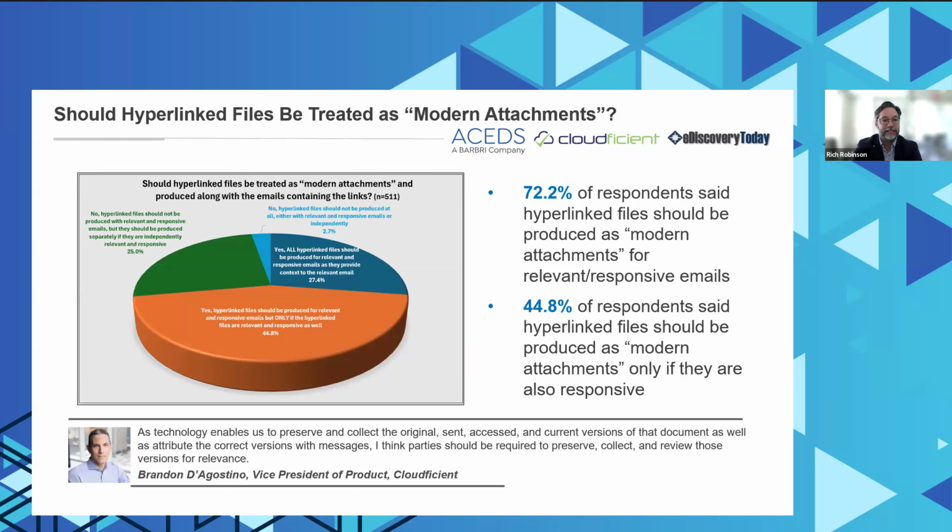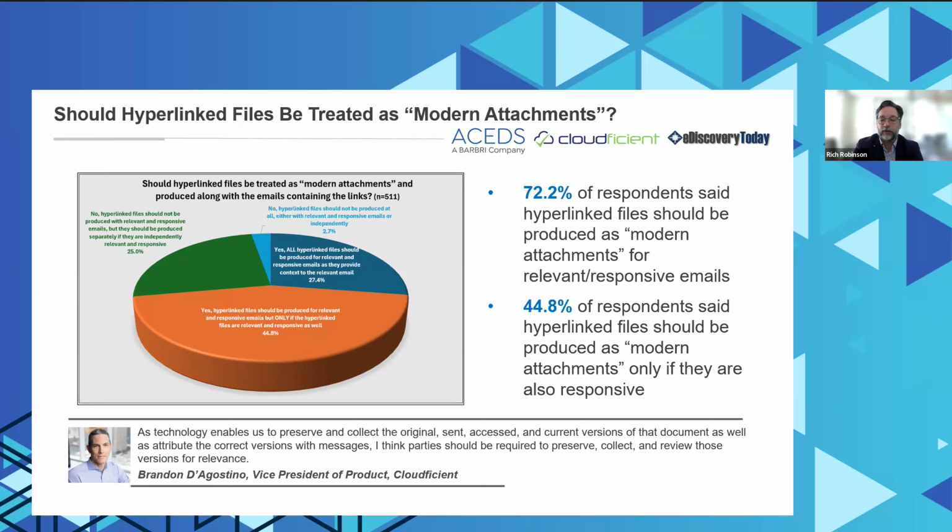My thought is that it really depends on the case and the data that's involved, and that litigation support teams and managing counsel should be as aware as possible of what the data looks like, and whether that content is going to be responsive, and whether we should plan for it in advance.